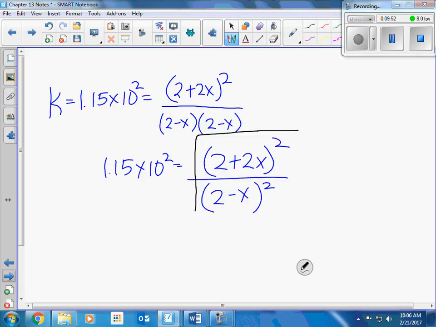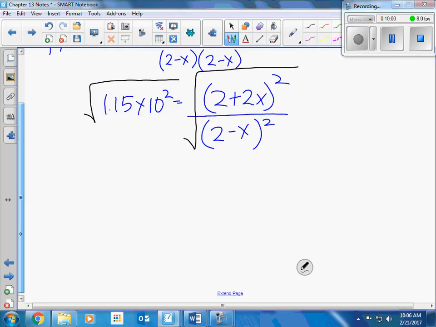I took the square root of this. I can't just do it on one side. I have to do it on the other side. So I took the square root of both sides. And then I got, let's see, 10.72 equals 2 plus 2x over 2 minus x, because that's going to drop. And then do I need to continue to do my algebra? So now what am I going to do?